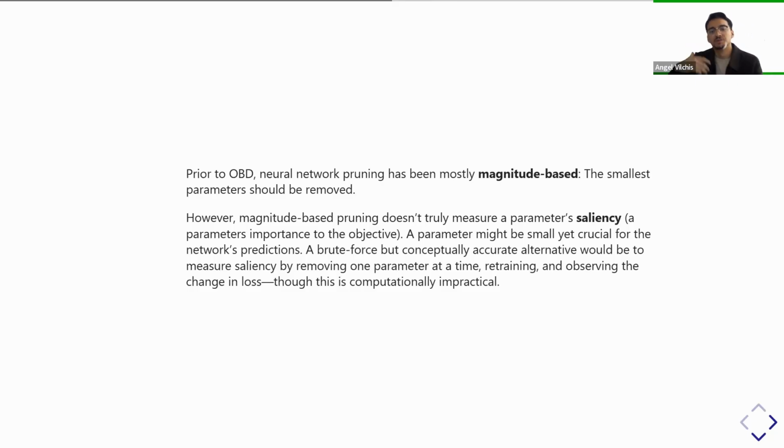So we take turns removing one weight, measuring how the objective changes, and the one we ultimately remove is the one that has the least effect on the objective function, because that means it has the least saliency. That means it's the least important.